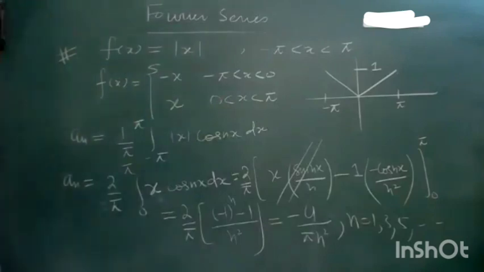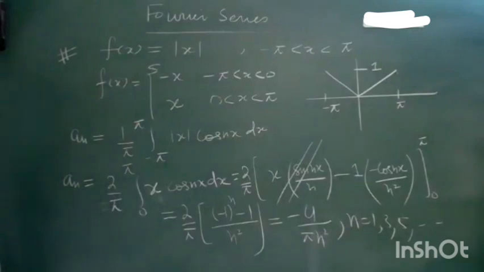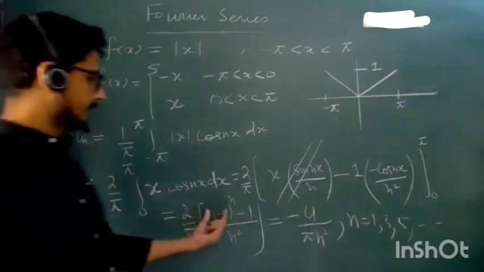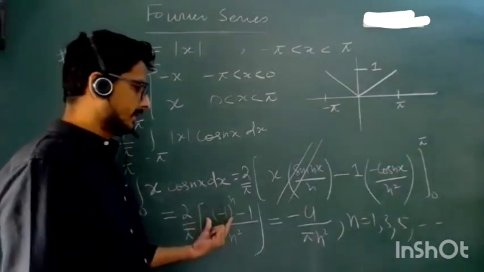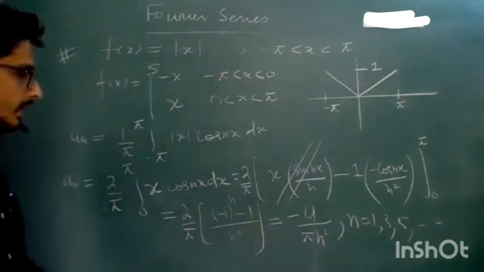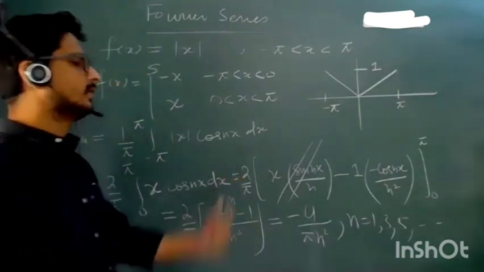Please see this. Is that okay? Because this will again become 1 - (-1)^n. Putting n = 1, this becomes 2, and if we put n = 2 it becomes 0.